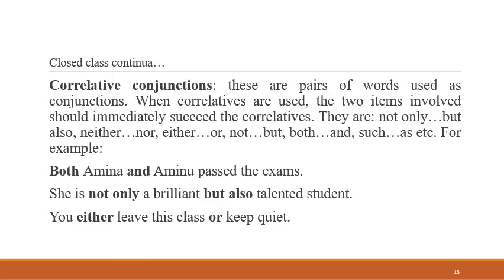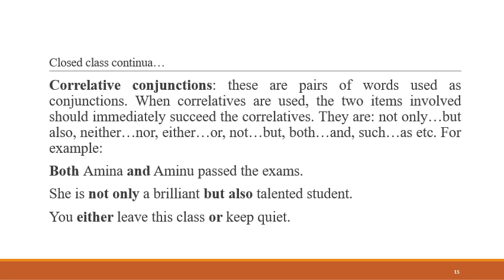Unlike the first two classifications of conjunctions we have taken, that is coordinating and subordinating conjunctions, the last one, which is correlative conjunctions, mostly comes in pairs. They come with two words. When correlative conjunctions are used, the two items involved should immediately succeed the correlatives.